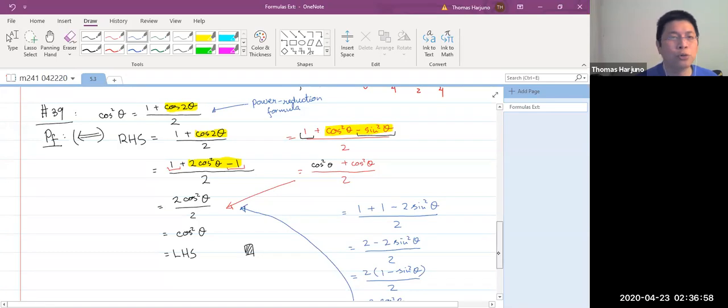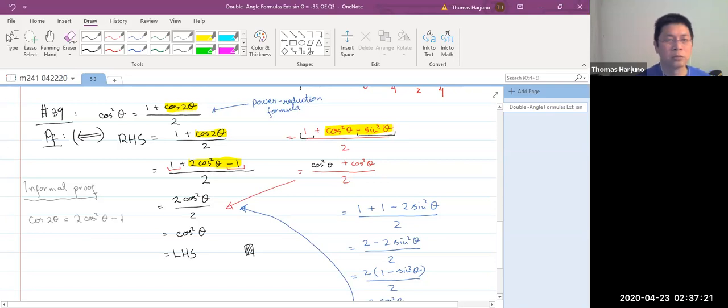However, I want to show you the intuitive or informal proof. Informal proof. Notice that we have cosine 2 theta equals 2 cosine squared theta minus 1. That's group 2, number 1B.